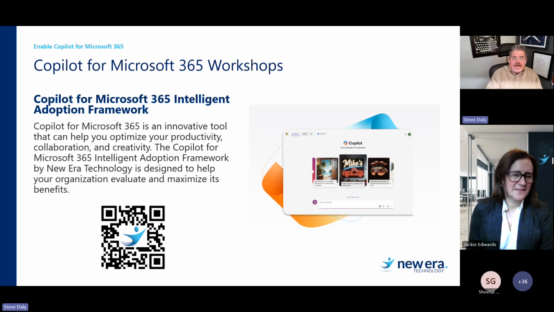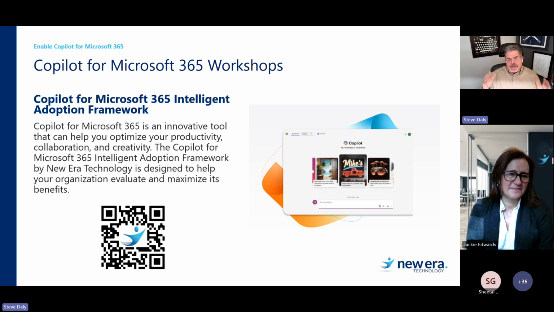Along with that, I mentioned a little bit earlier, we have a process that we've built. It's a collaboration between our technology, digital, and organizational change management teams, where we've developed something we call the Intelligent Adoption Framework, where we walk organizations through really any generative AI project.